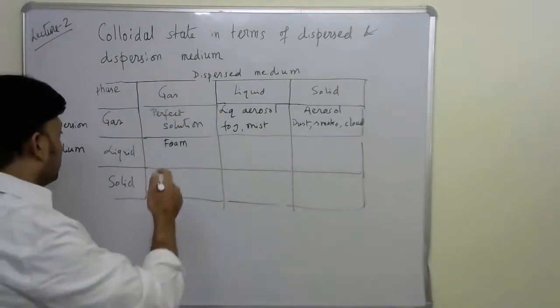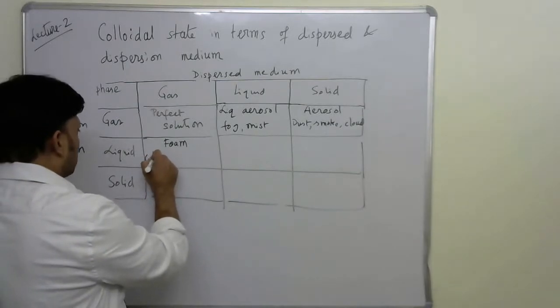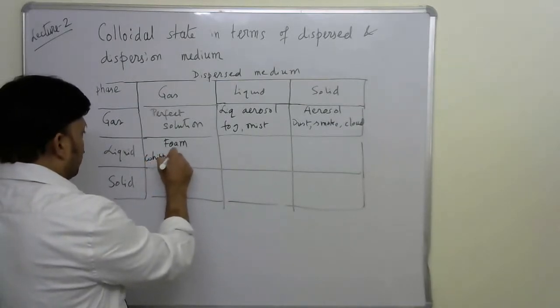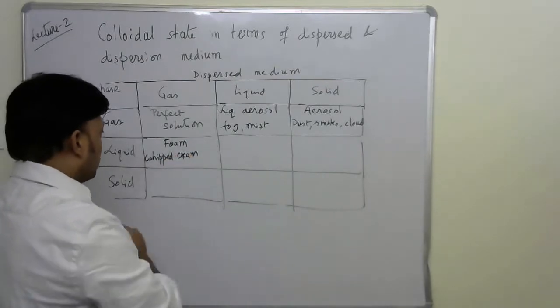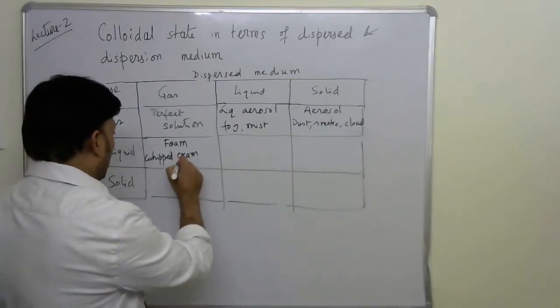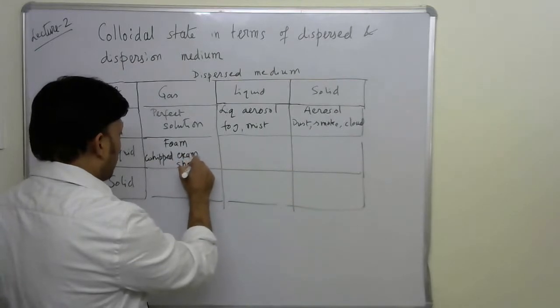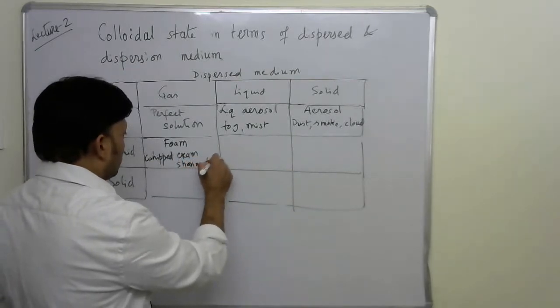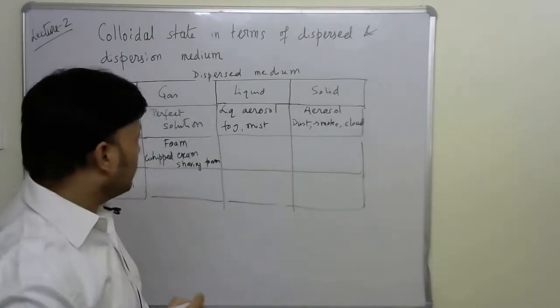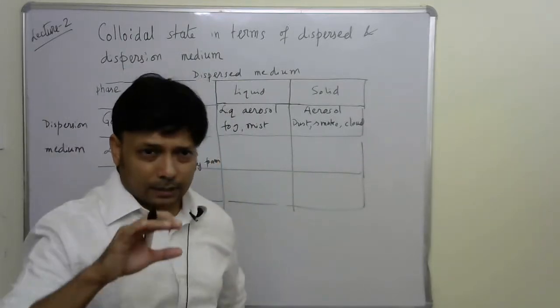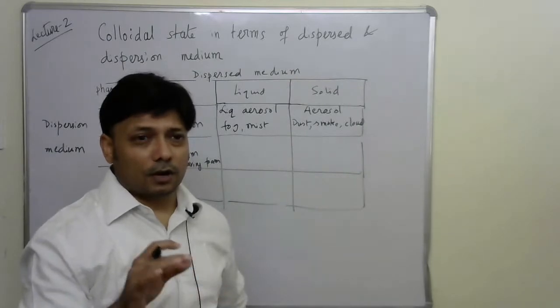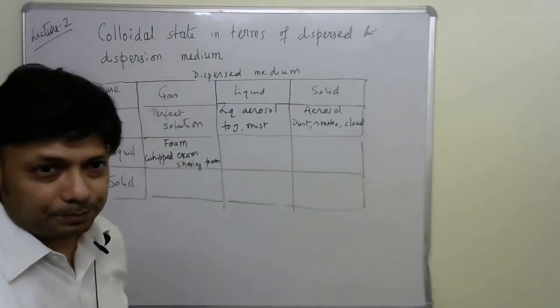There are many. We can think about the food item whipped cream. This is one foam. Or we can think about toiletries like shaving foam. These are all examples of foam type of colloidal phase where gas molecules are dispersed in liquid.